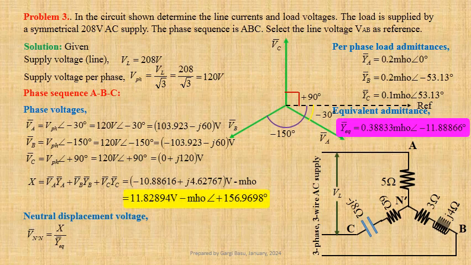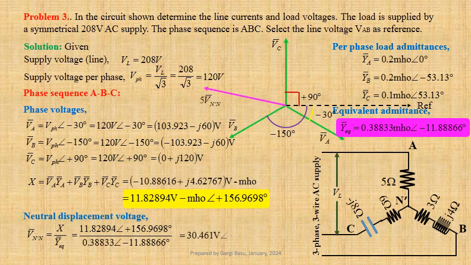Using values we get Vn'n equals 11.82894 at an angle plus 156.9698 degree divided by 0.38833 at an angle minus 11.88866 degree. That gives us 30.461 volt at an angle plus 168.85846 degree.